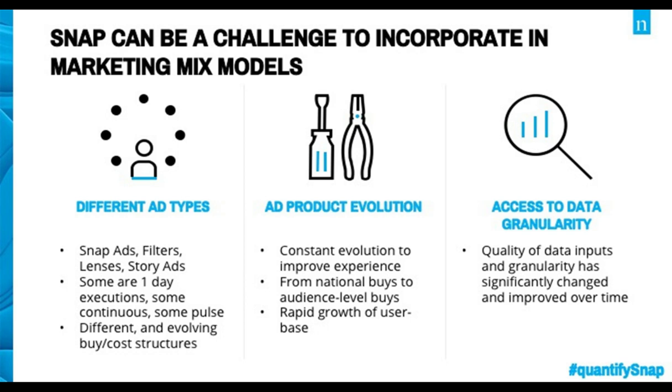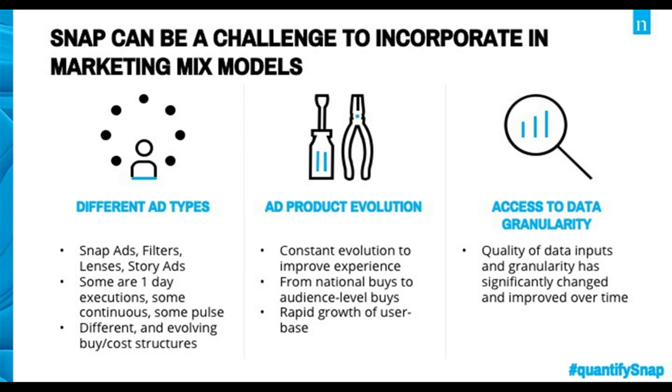Also, Snap is really innovative, right? They're always evolving their products to make sure that the experience and how brands are interacting with consumers can be as strong as they can be. And so, given that we have these unique ad types and they're evolving, that needed to be accounted for. They also were changing how you could buy it, from a national buy to audience level buys.